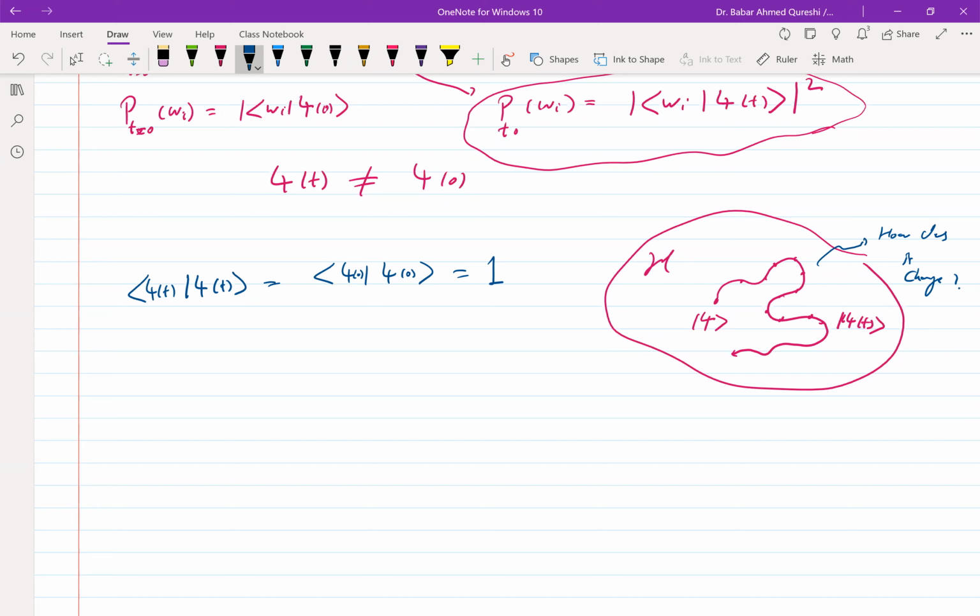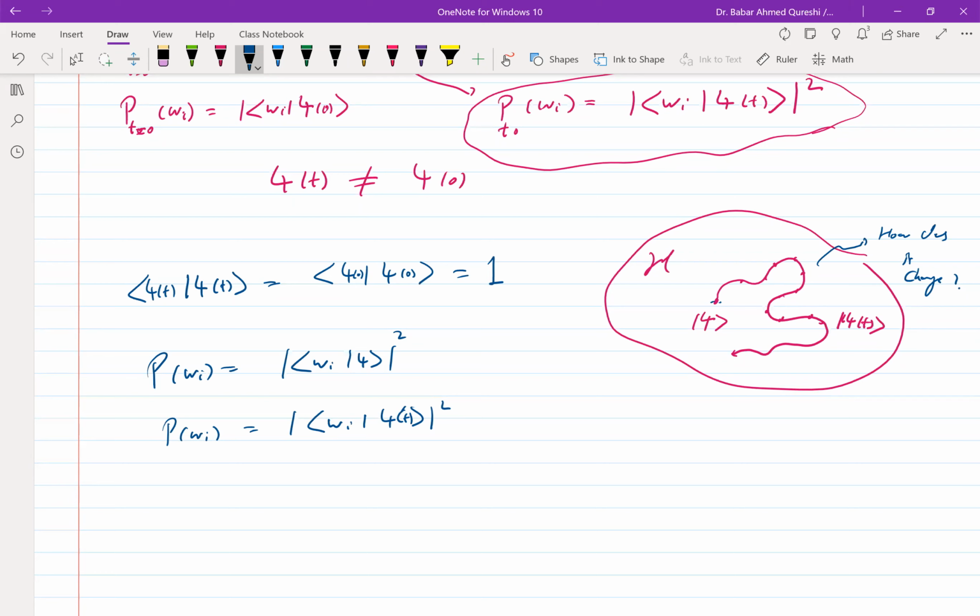Because you started with a vector and you could compute the probabilities doing this. Now you use the same formula with this new one.